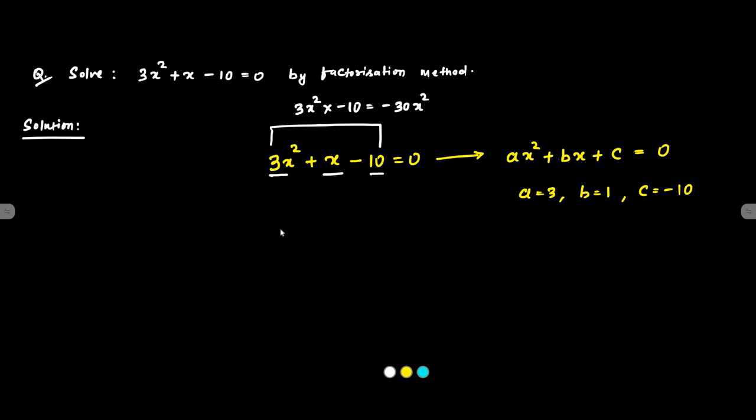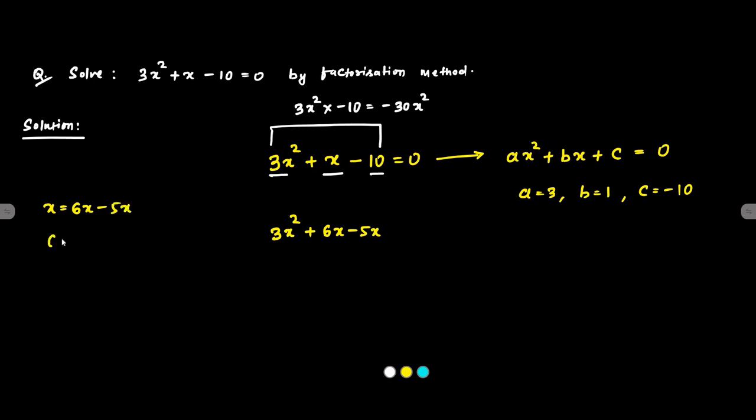So let us say we write it as 3x² + 6x − 5x. It is alright, there is nothing wrong. x can be written as 6x − 5x.